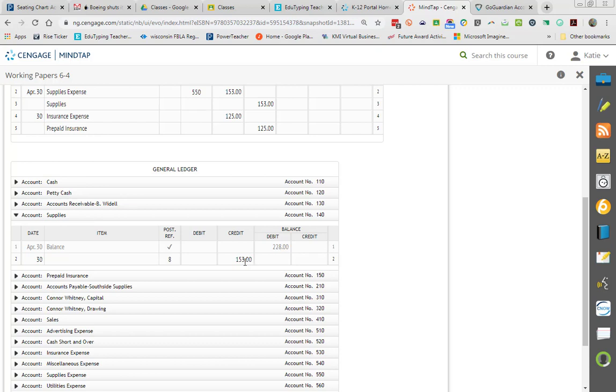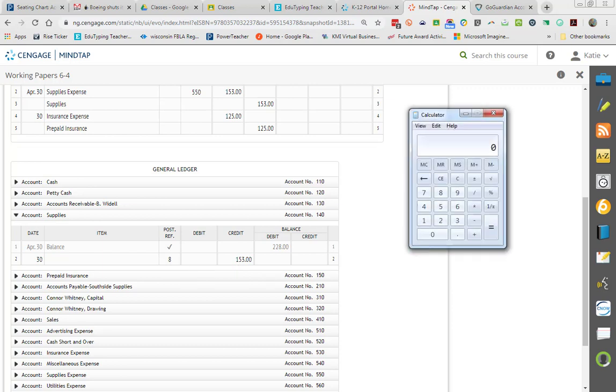And I'm crediting it 153. So my debit is bigger than my credit. I will just take out my calculator and subtract 153 from 228.